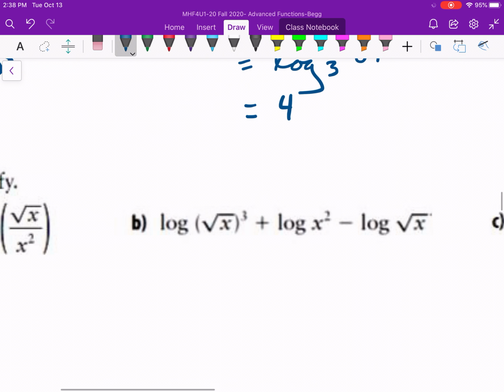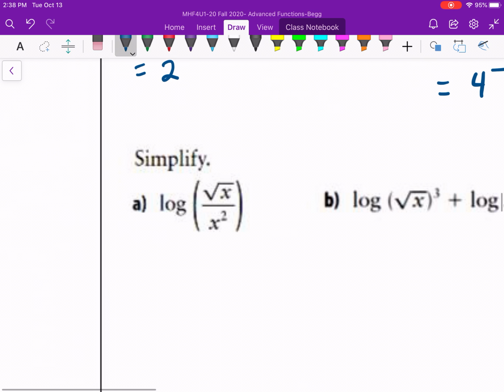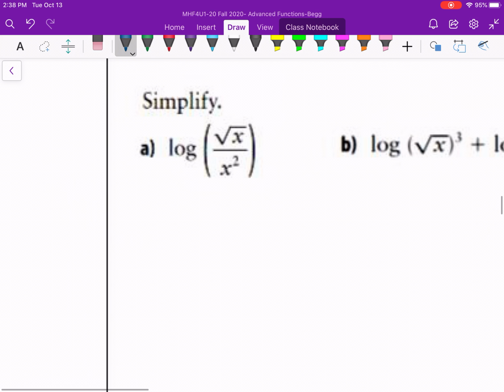Now we've got a few more difficult looking ones. They're really doing the same thing, just bringing in some extra difficulty, some reminders of what exponents need to look like and how to work with them. So again, we just talked about square roots being represented as fractions.